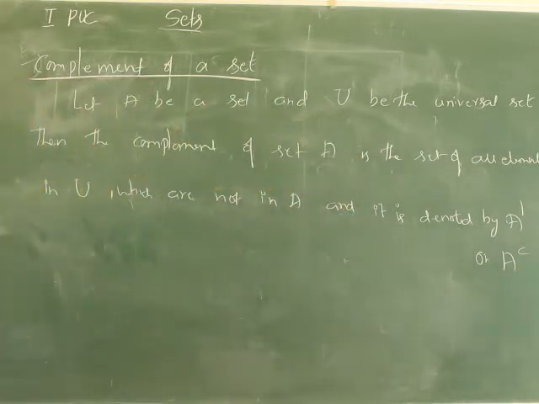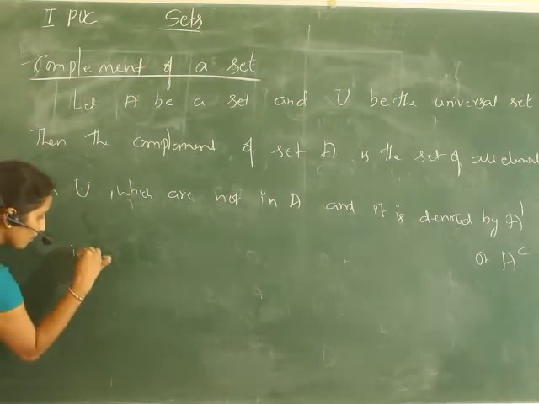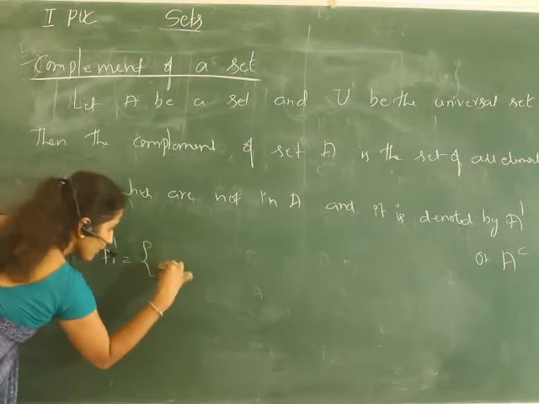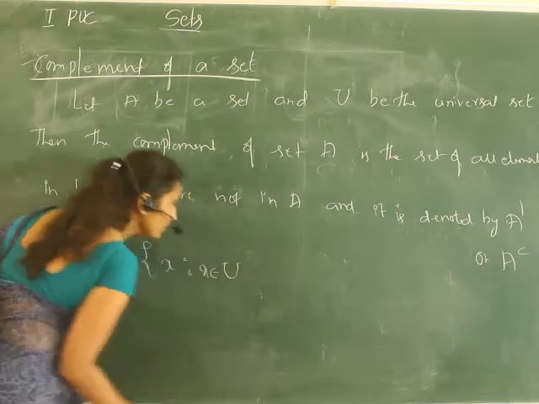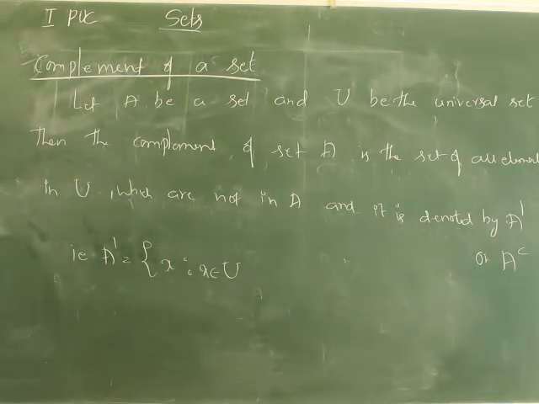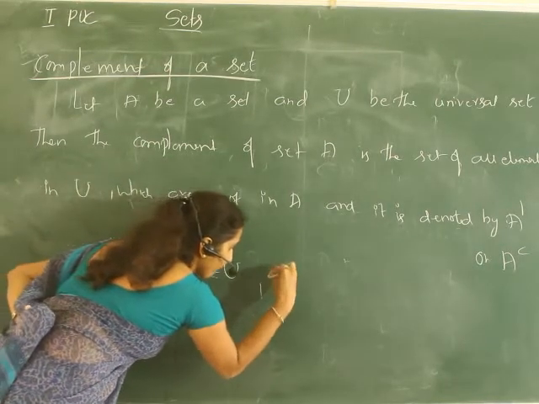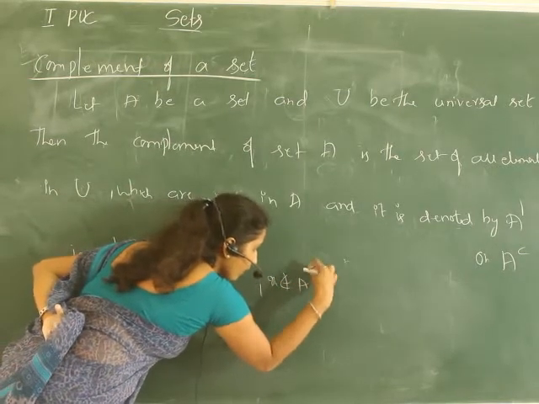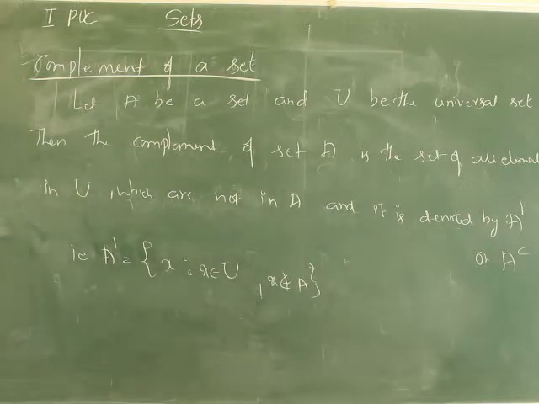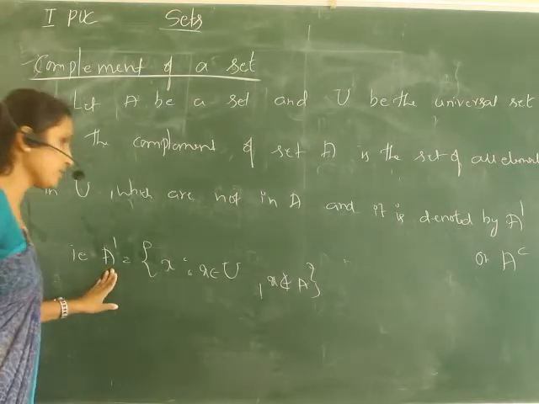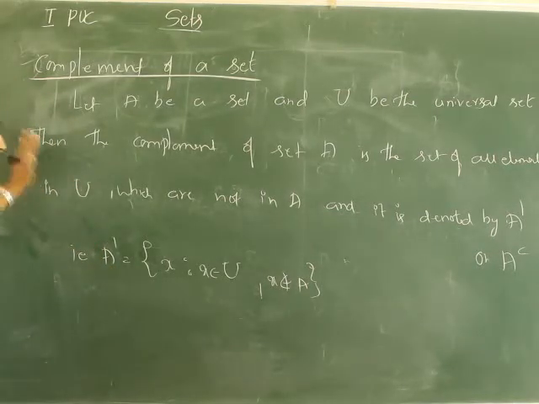From the definition we can write A complement is the set of all x such that x belongs to the universal set, it is not union, it is the universal set, and x does not belong to A. It belongs to the universal set but does not belong to A.